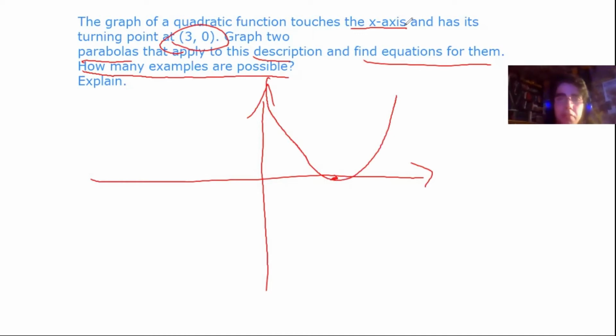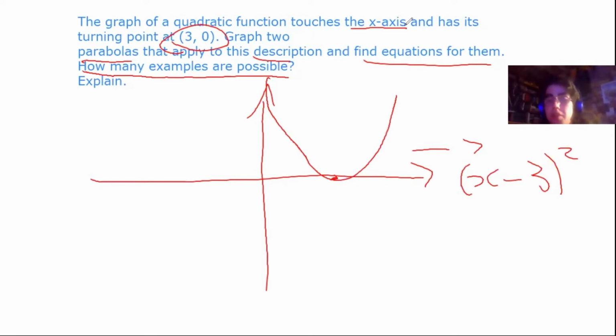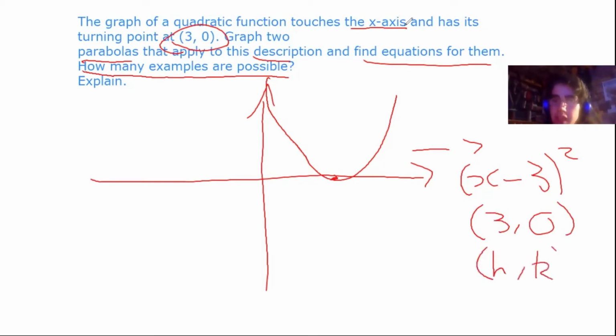Now a potential example for this line could be simply (x - 3)². And the reason for that is because the graph has been shifted 3 units to the right. All right, so if it has moved 3 units to the right, our turning point, as stated before, is going to be (3, 0), and our graph is in the form of a turning point which would be (h, k), and of course if we were to represent that as an equation, we'd always write (x - h)² + k.